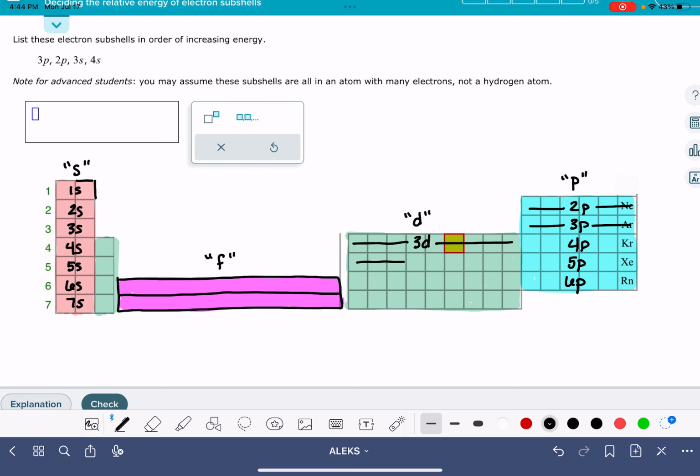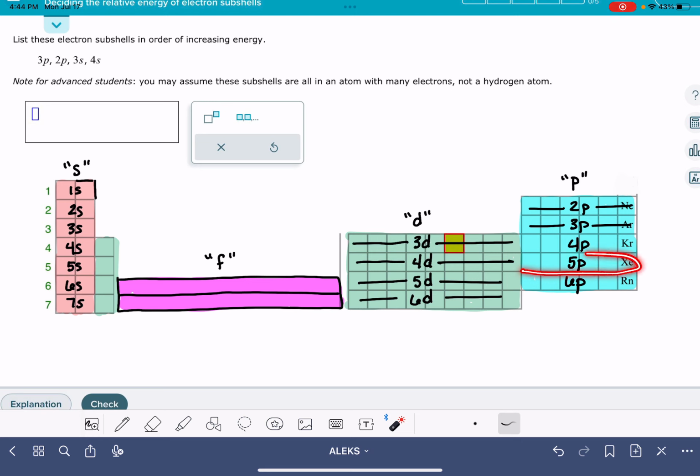So all of the d orbitals are behind by one number in terms of that row number, one number behind the corresponding p and the corresponding s orbitals. And then last but not least, we have the f orbitals, which are one number behind the d orbitals. So this f orbital is one number behind its corresponding d orbital. That would make this 4f, and the one underneath it would be 5f.